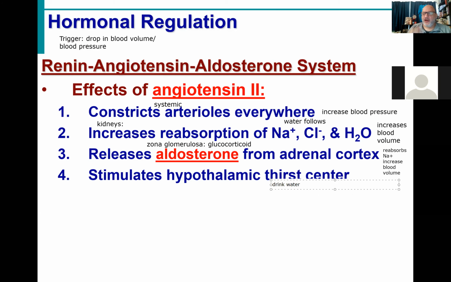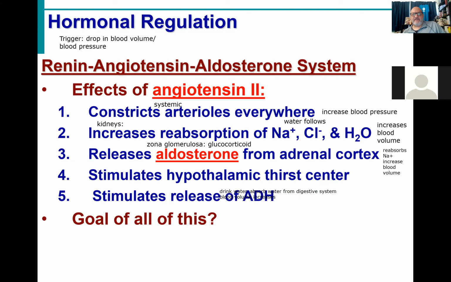When you drink water, obviously you absorb more water from the digestive system. And as a result of that, blood volume goes up. Excellent. So notice all of the effects of all of these.